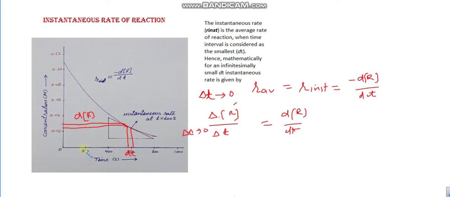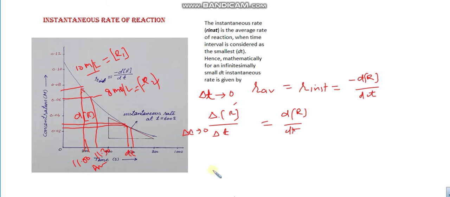Suppose here time is 11 am and its corresponding concentration is suppose 10 mole per liter, this is R1, and at 11:30 its corresponding concentration here is suppose it is 8 mole per liter, that is R2.